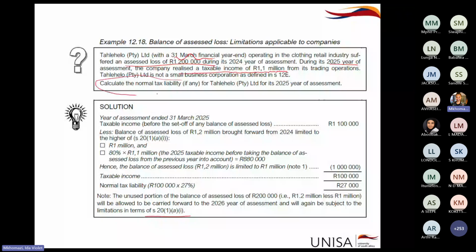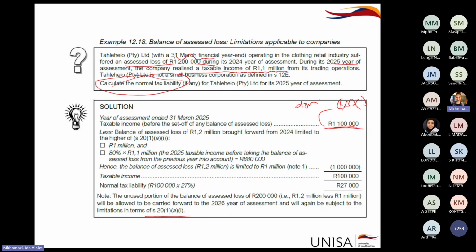And the question says, calculate the normal tax liability. So we are at the very last deduction in your tax calculation. You have a taxable income before the set-off of a balance of assessed loss. This taxable income would come after you have determined your donation deduction.